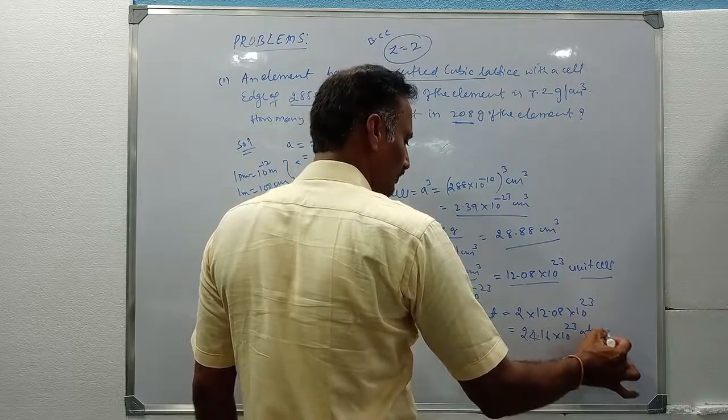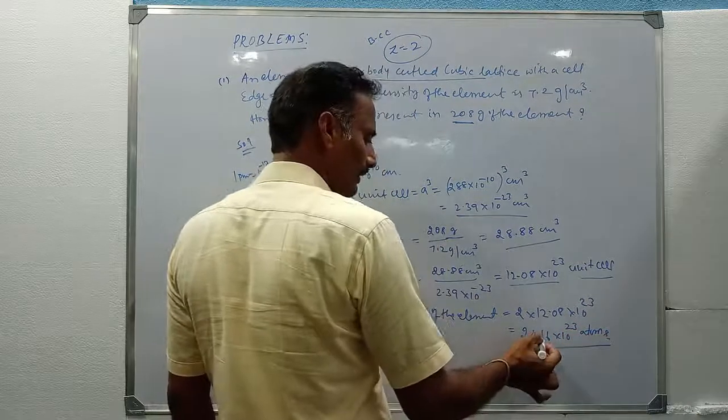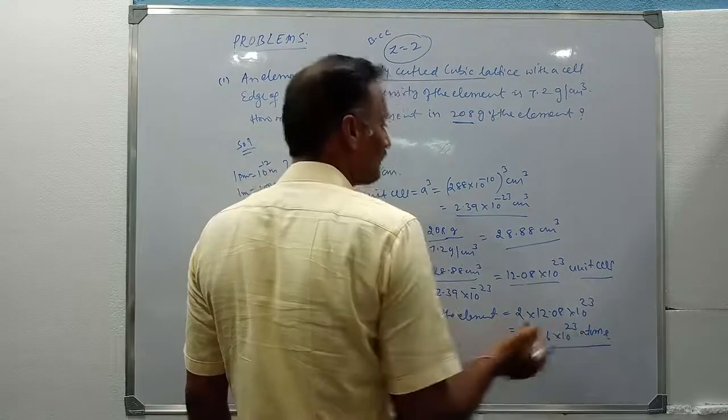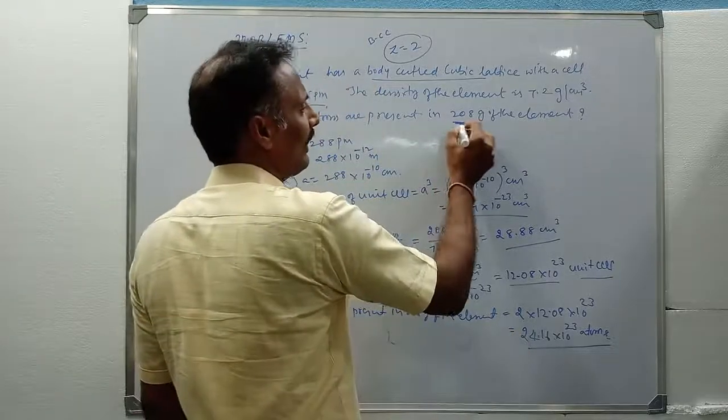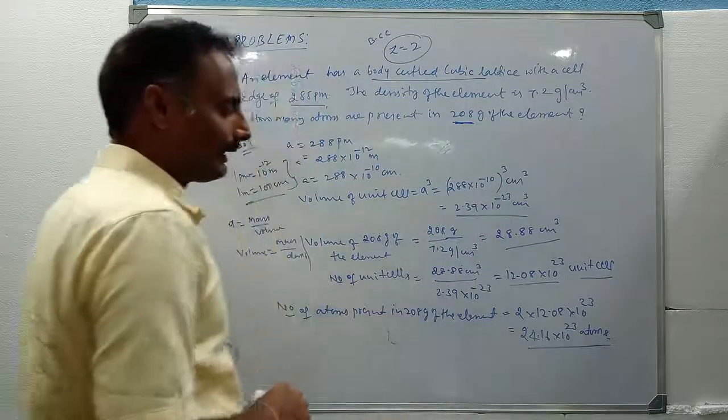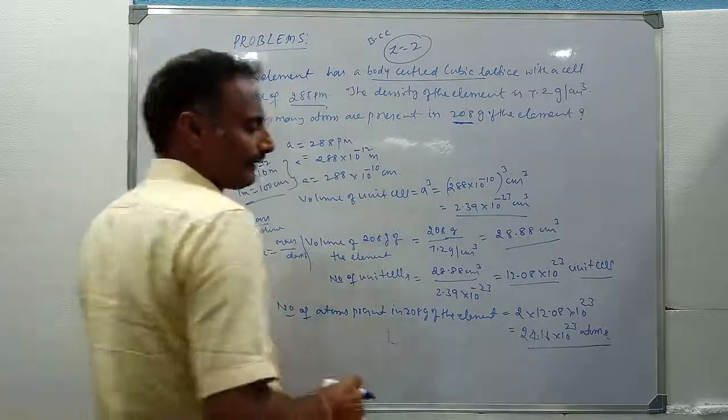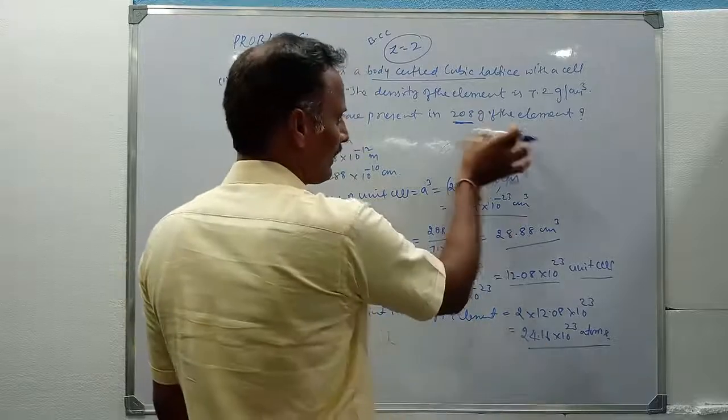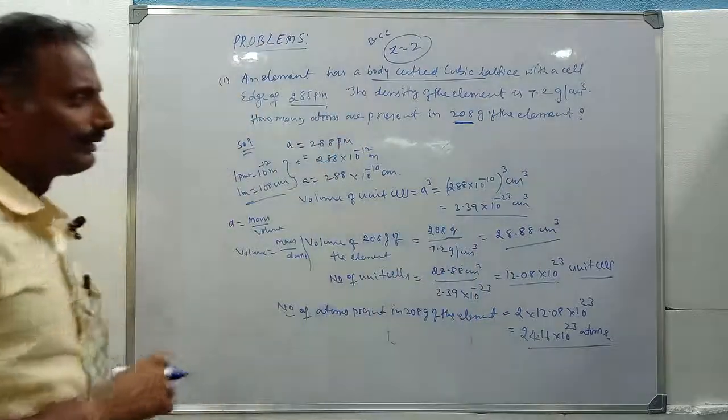This much of atoms are present in 208 gram of the element. Like this, we calculate the number of atoms present in 208 gram of the element.